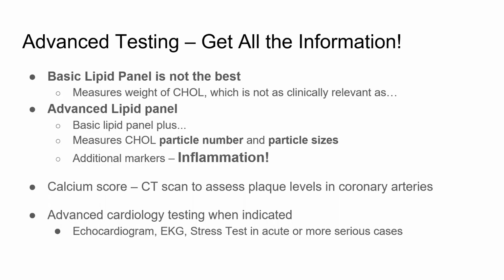Essentially, by the time something shows up on a stress test, people talk about 90% blockage, 95% blockage. You think of a pipe in your house coming out of your sink that's 95% blocked with whatever nasty stuff gets down there. Not a lot of water is getting through, right? That's pretty blocked up.